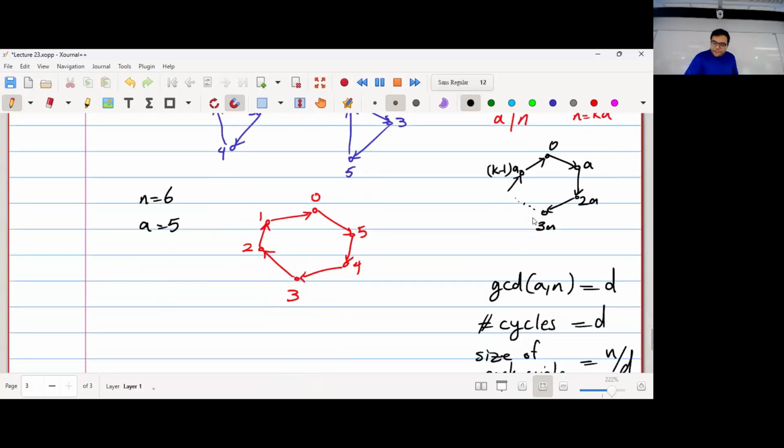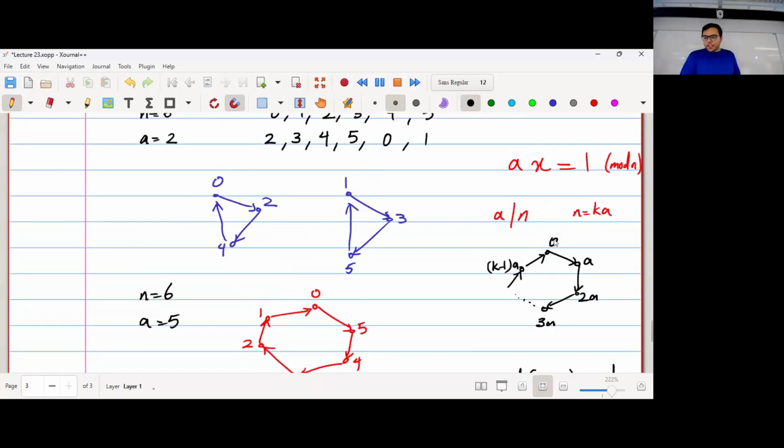Okay, so this is what's going to happen if a is a divisor of n. Now, suppose that a is not a divisor of n. We want to extend this to the general case. First of all, what are these numbers that I'm creating in this cycle of 0? Basically, the numbers I'm creating here are multiples of a, but I'm subtracting multiples of n from them, right?